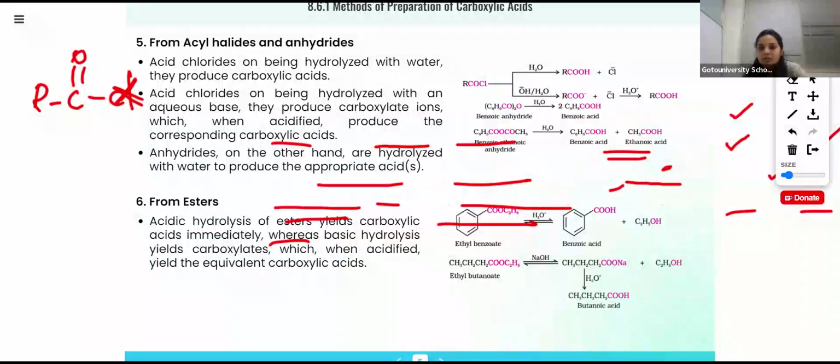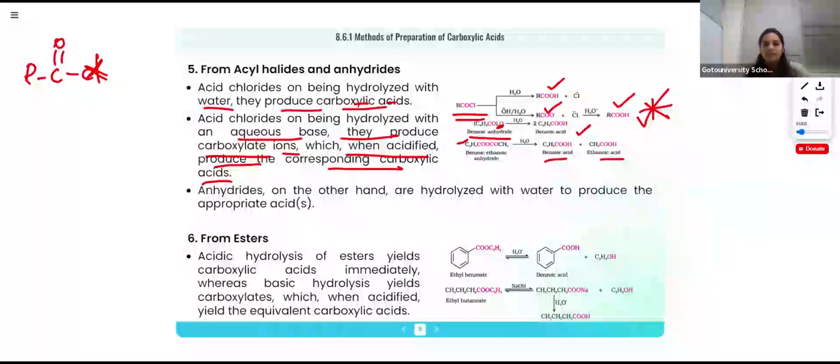But here you are taking different groups, C6H5 and CH3, so you will get the corresponding two acids. If you are taking a symmetrical anhydride, where oxygen is connected to two identical acyl groups, you will get the same acid. Otherwise, you will get a mixture of acids. Okay? That is the preparation from acyl halides and anhydrides.